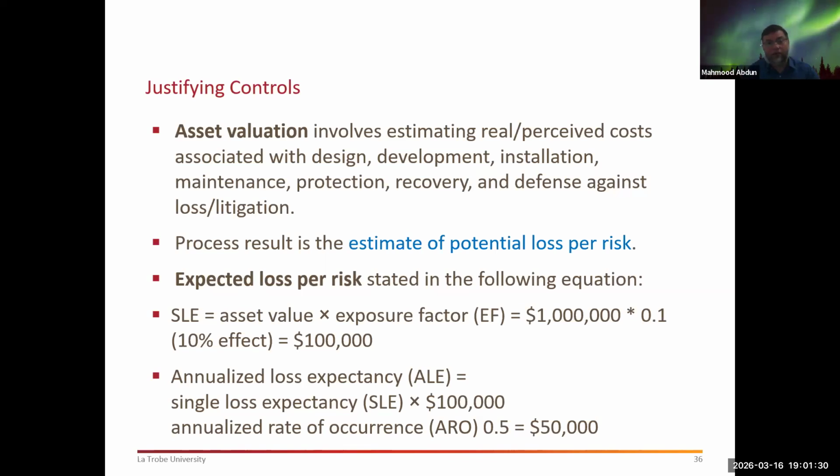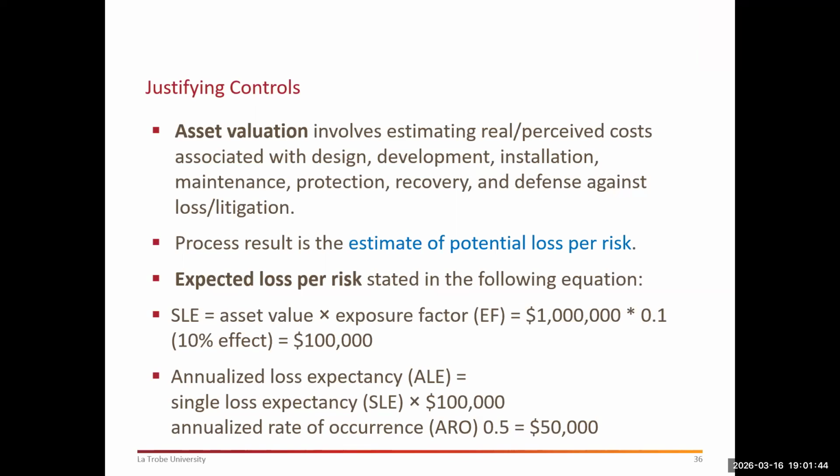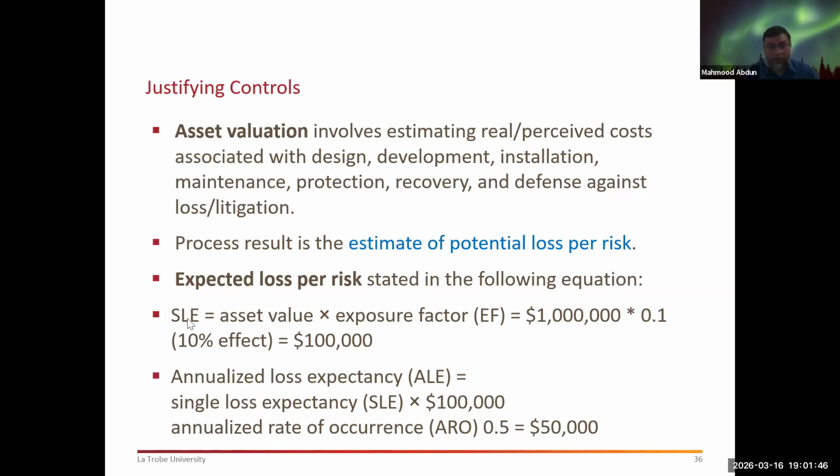In this scenario, that indicates that around 10% of the website value would be diminished due to that attack. Then, as you calculate the single loss expectancy, single loss expectancy is equal to the value of the asset times the exposure factor. So this is about the $1 million times a one-time hit of 10% gives you a loss of $100,000 for that website, for that single event.